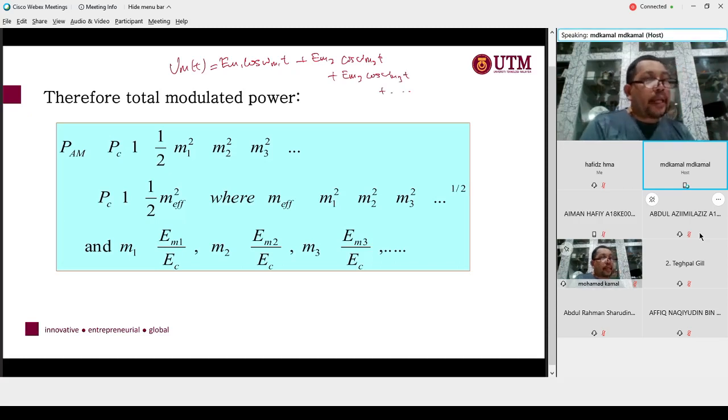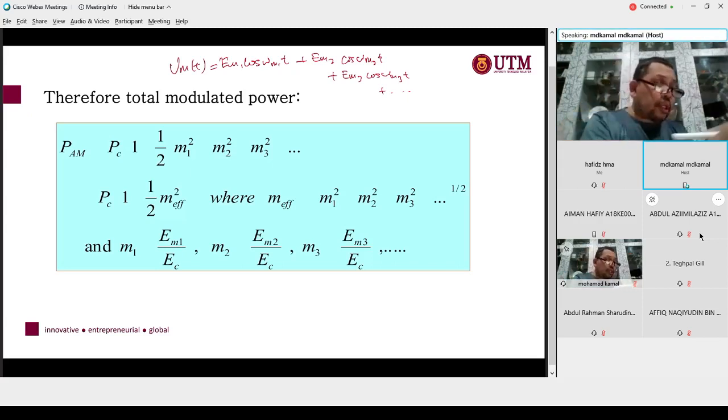Let's say we have a complex signal here. Before this, we were talking about only one signal frequency. But now we have a lot of other frequencies: omega M1, omega M2, omega M3, omega M4, etc.